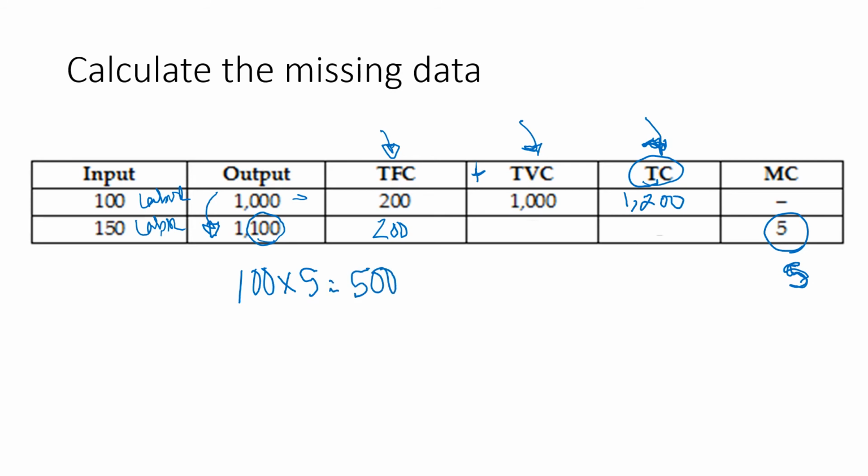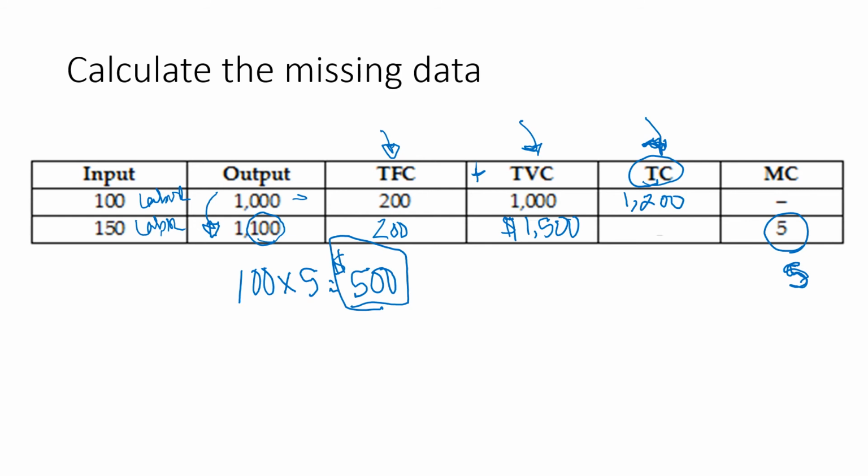So that's going to be an additional $500 that we are going to be adding to our total variable costs. We're not adding it to total fixed costs because fixed cost doesn't change, but we're adding $500 to total variable costs. So 1,000 plus 500, our total variable costs now increased to $1,500.